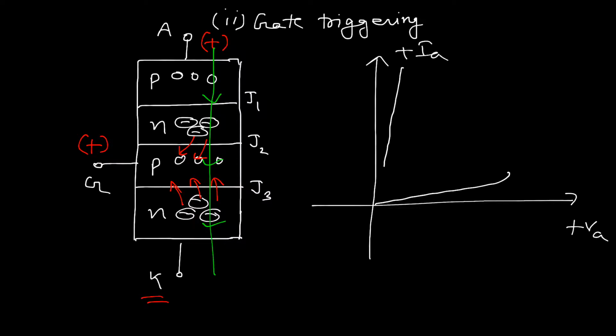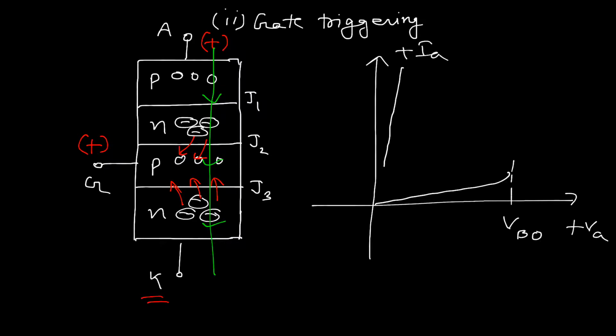In this particular case, we consider there is no application of gate voltage. That is why we consider the breakover voltage, VBO, of this SCR where we have not applied the gate signal. But in this gate firing method of turn on, we apply the gate signal.